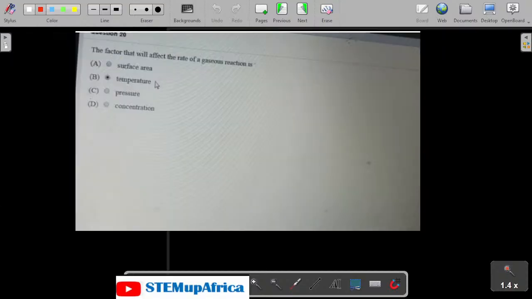So what we have here is which factor will affect the rate of a gaseous reaction. When we talk about a gaseous reaction or aqueous solution, we are having pressure.